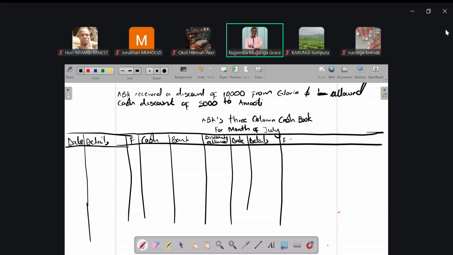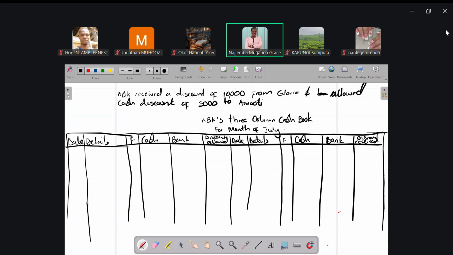Details, folio, bank, and the discount received. So this is our ledger cash book. We have the debit side and the credit side.